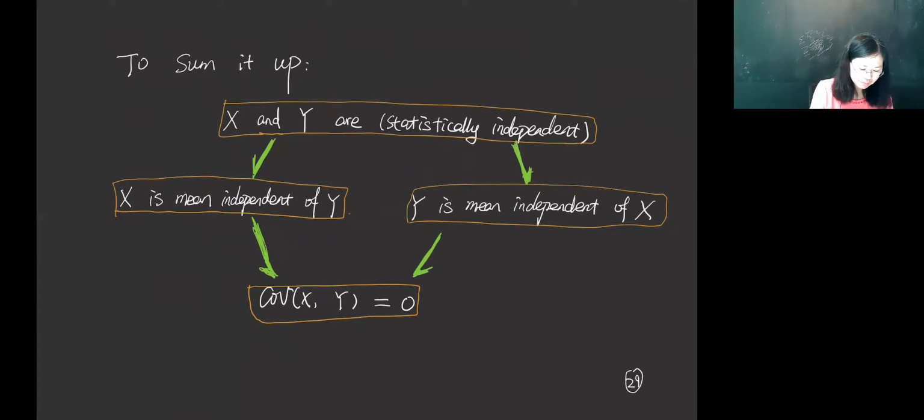However, mean independence in either direction does not imply statistical independence. Also, the two directions of mean independence do not imply each other. Finally, 0 correlation is the weakest concept of independence. It doesn't imply mean independence. And of course, it doesn't imply statistical independence.